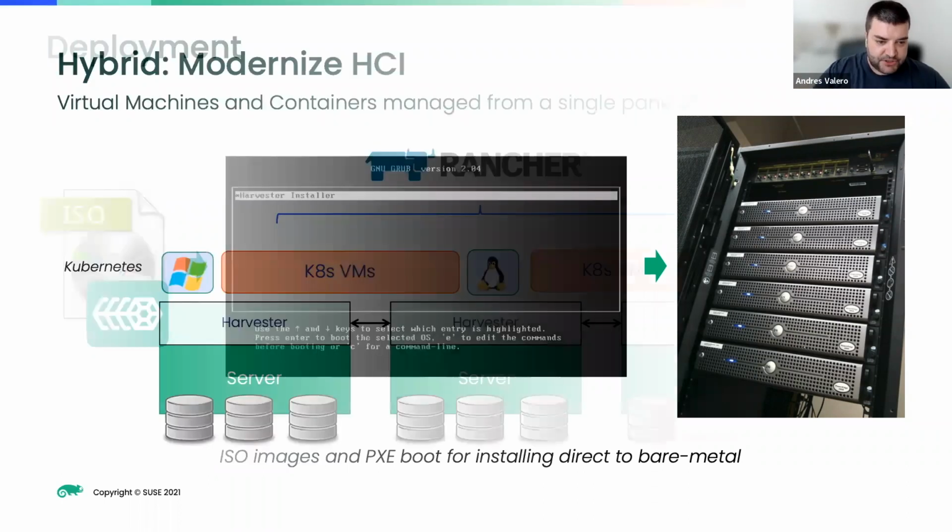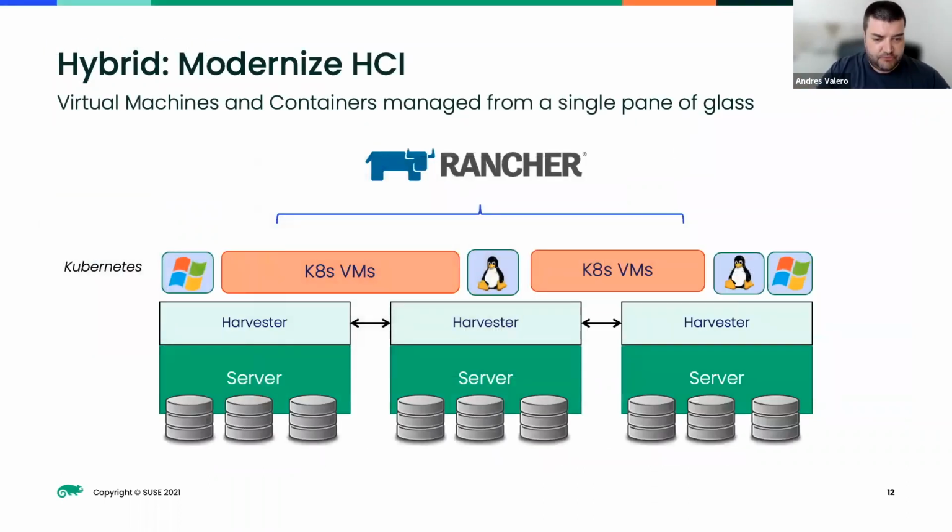Okay, so let's continue. What is the idea under the hood? I like this graphic because it's simple. You can have your different Harvester nodes and clusters. You can have Kubernetes clusters running on top of VMs in these Harvester nodes. And then you can have coexisting VMs with Windows, with Linux, with those clusters.